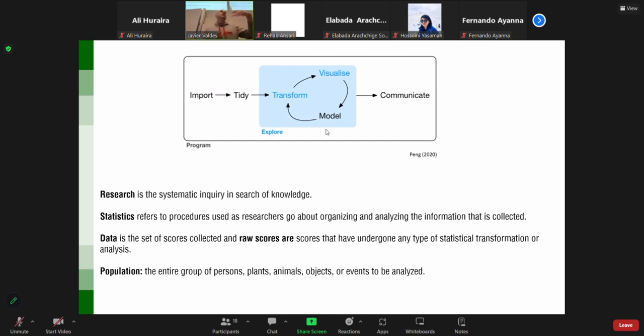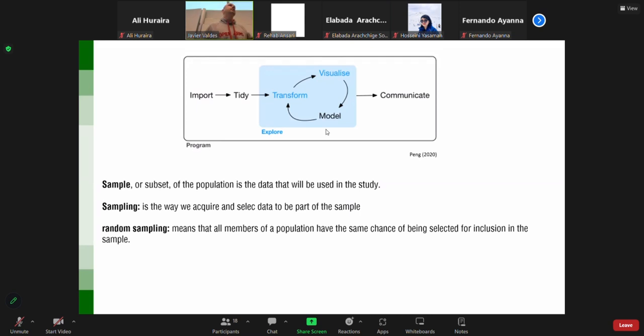So this is the entire group of persons, individuals, goods, services, whatever. And what we have is the sample. The sample is that piece of the database, that piece of data that we are going to be using. Of course, while we are looking at the sample that we have, we are going to make some assumptions about the reality.